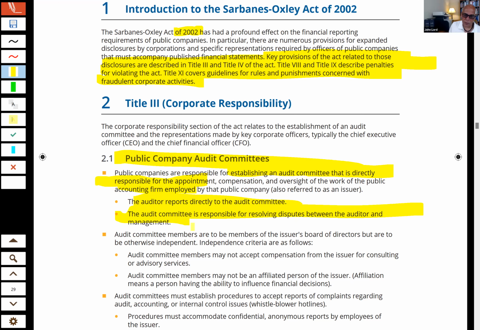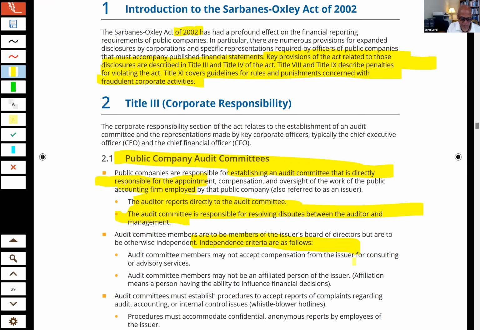So we've got this appeal level for the auditors to the board of directors, and they're the ones that are ultimately responsible for the conduct of the audit.